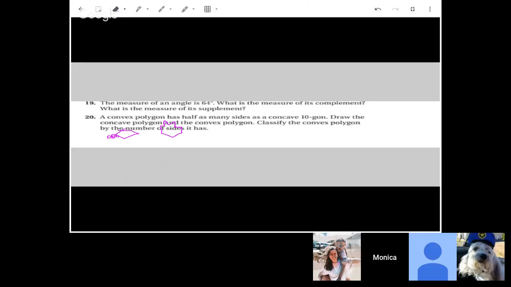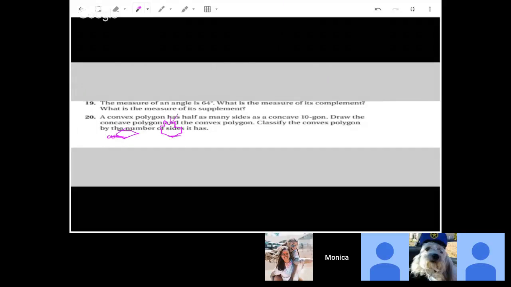This one here is going to be your convex, and this one is concave because you can see here how the sides go in, they cave in. And then you would have a pentagon, and then this one would have however many sides you choose.